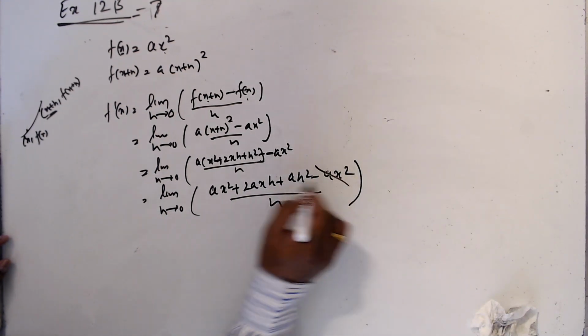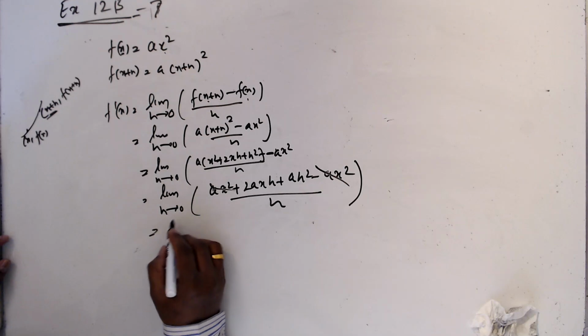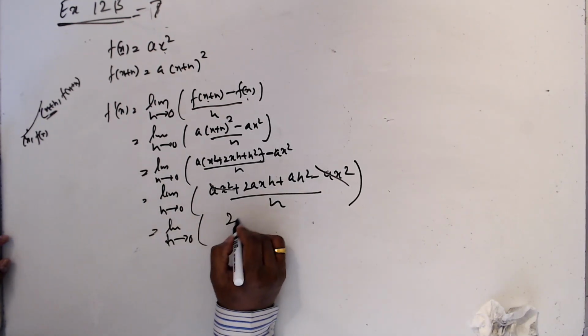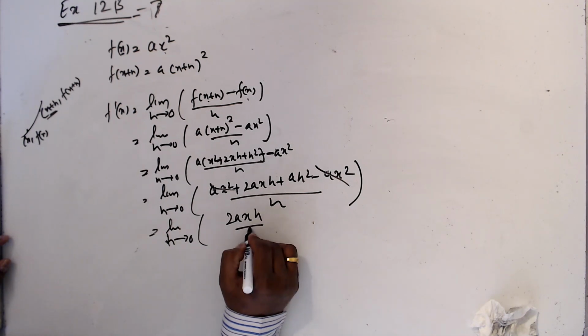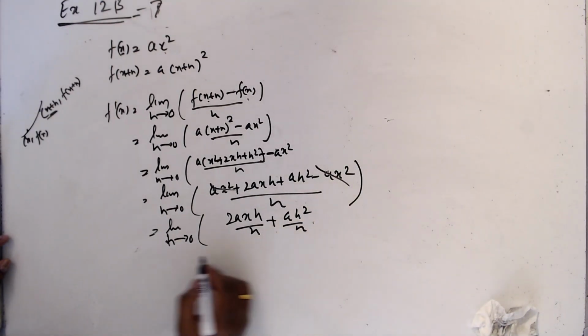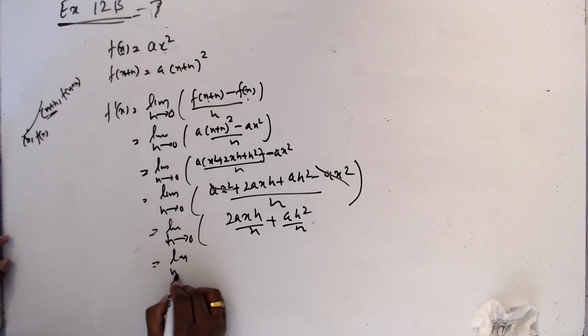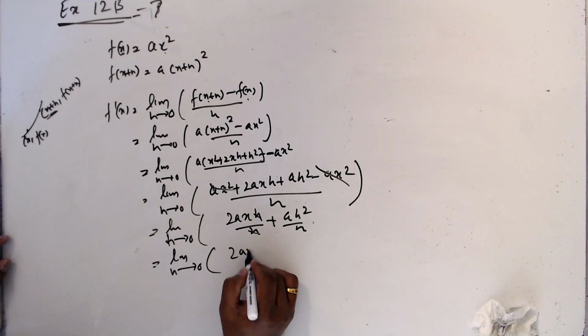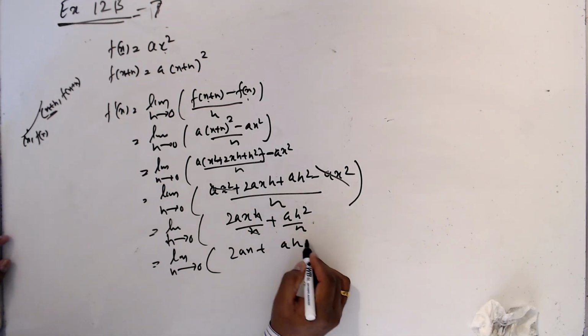So this cancels out, and the limit as h goes to 0 of 2axh over h, ah square over h. So the limit as h goes to 0 of 2ax plus ah.